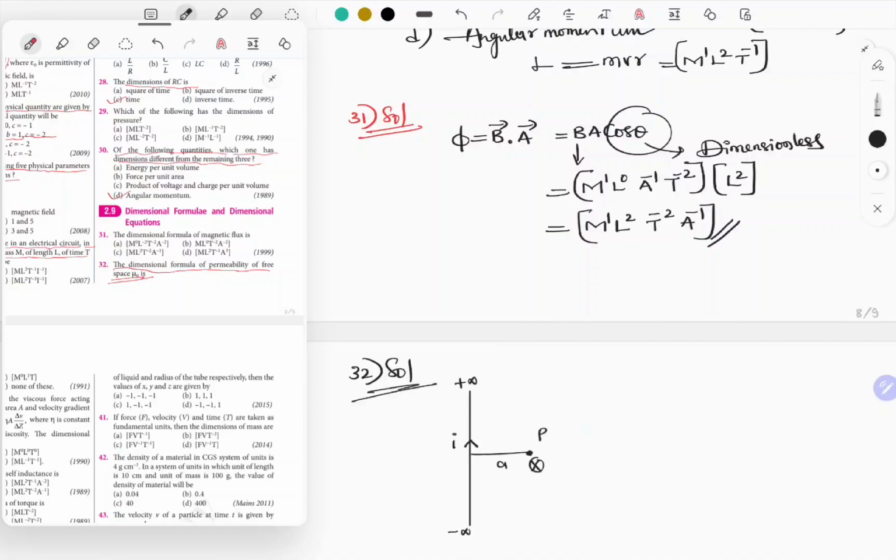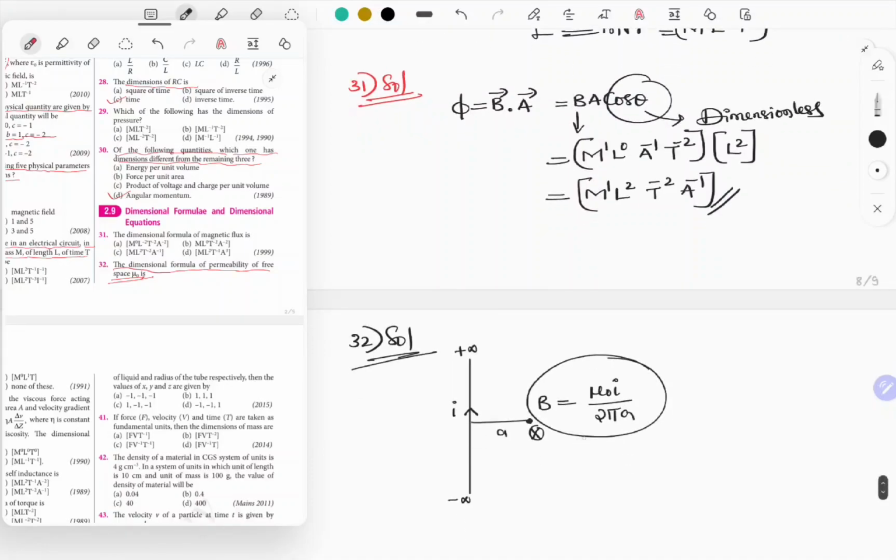So the magnetic field at this point is equal to mu naught I by 2 pi A. This is the formula for the magnetic field due to an infinite current carrying conductor. From this we can find the dimensional formula for permeability, mu naught, which is equal to B into 2 pi A divided by I.